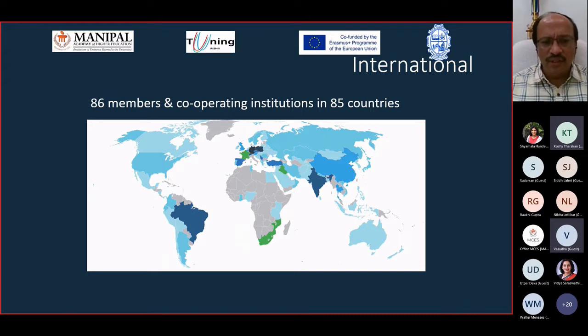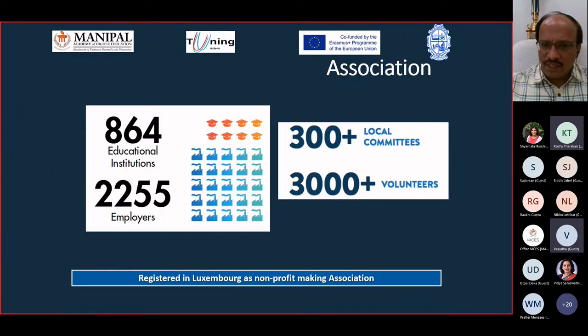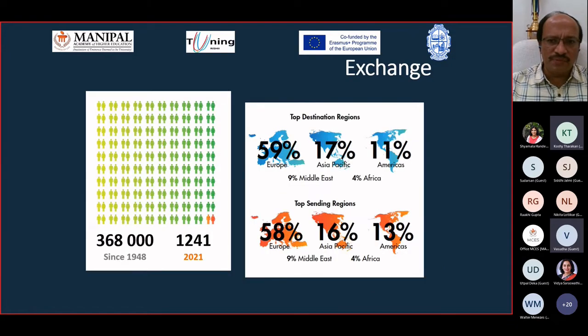With that intention, this organization was started. So it is an international association of 864 educational institutions, and there are 2,255 employers. There are 300 plus local committees. There are 3,000 plus volunteers who are working for this organization. It is registered in Luxembourg as a not-for-profit association.